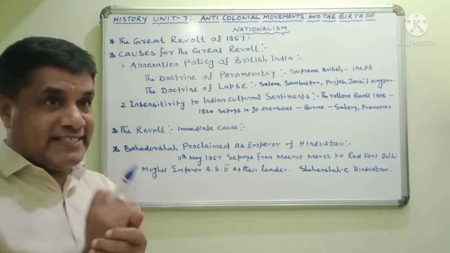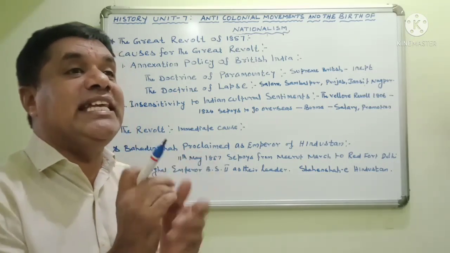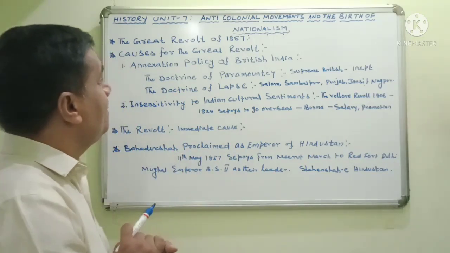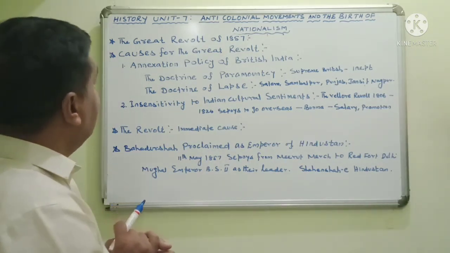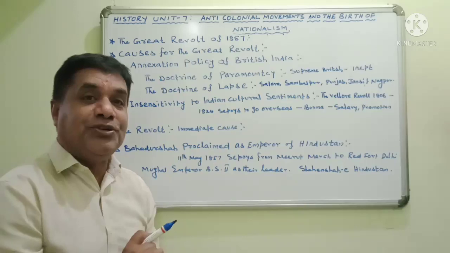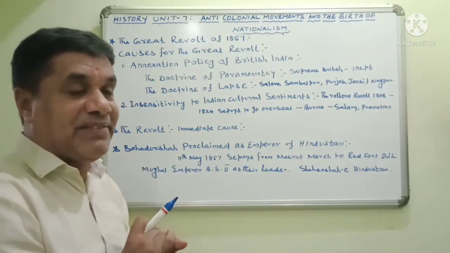The Sepoys say that it was a mutiny. In this lesson, we are going to see elaborately the Great Revolt of 1857.